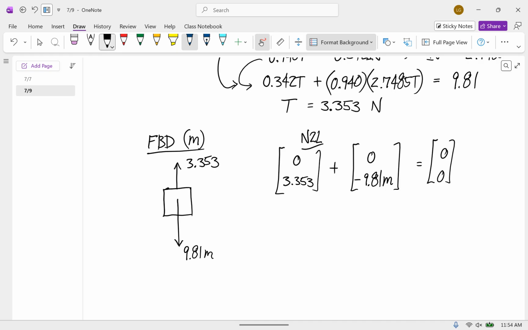The x equation doesn't help, but the y equation says 3.353 is equal to 9.81 m. And so m is equal to 0.342 kilograms.